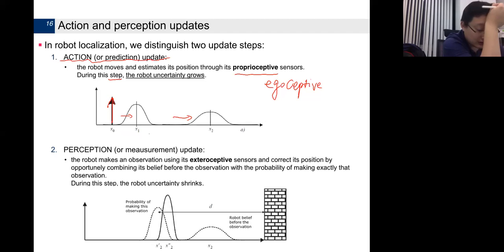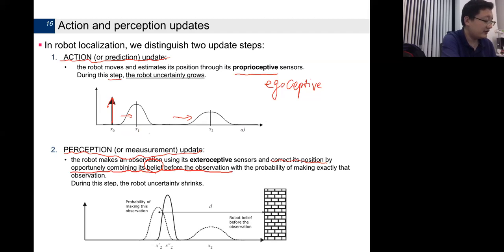A second update is called perception, or sometimes measurement update, or sensor or observation update. Whatever word you want to use, it's just perception. For the perception update, you make an observation using an extraceptive sensor like LiDAR, camera, ultrasonic, etc. And then you correct the position by combining the belief before the observation with the probability of making exactly that observation.